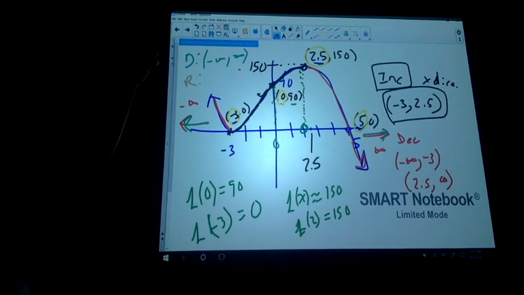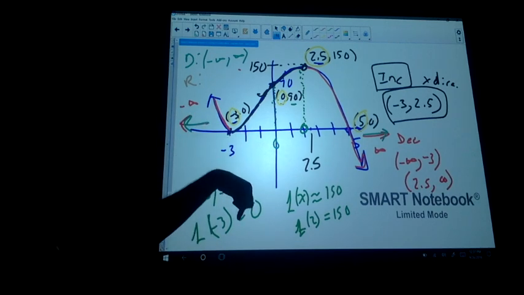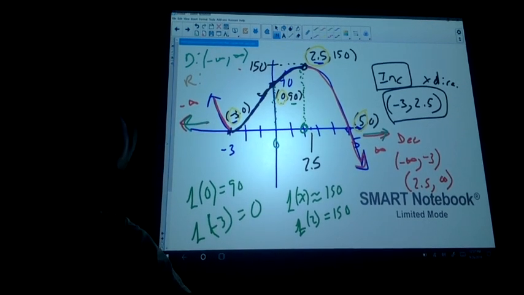It's pointing way up. So way up is what? And then way down over there is? So our range is going to go from infinity to negative infinity. So think about that.